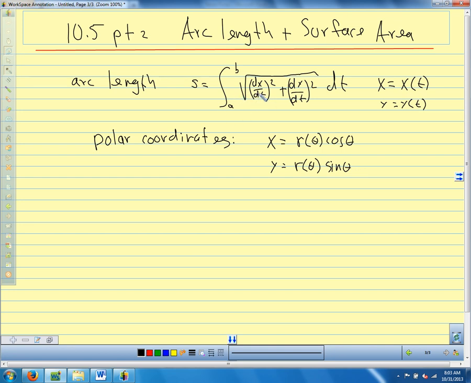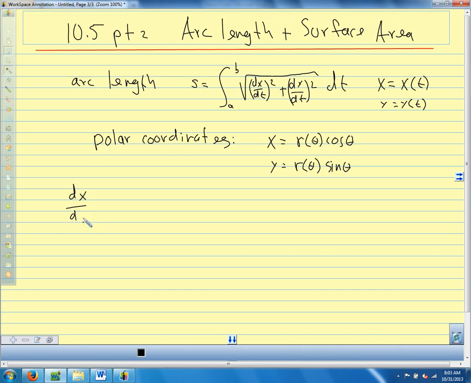So what I want to do next is find our derivatives and substitute into this expression and come up with this integral expressed in polar coordinates. So let's find our derivatives. We're going to take dx d theta and dy d theta, square them, add them together, and take the square root. So it looks a little messy at first, but it comes out kind of nice.